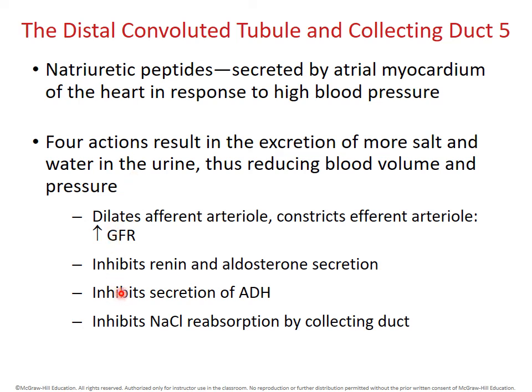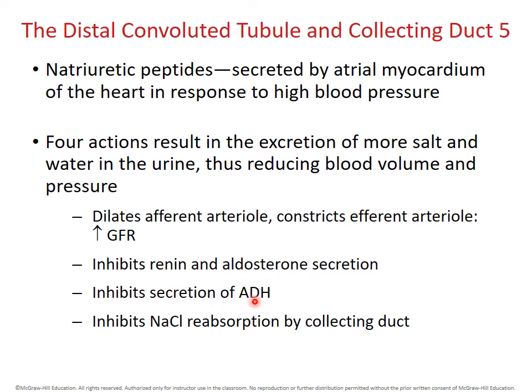Natriuretic peptides also inhibit the renin-angiotensin system, which then is going to inhibit aldosterone. So in a sense, it antagonizes aldosterone by causing less aldosterone secretion. Natriuretic peptide also inhibits secretion of antidiuretic hormone. So remember, antidiuretic hormone is going to cause more reabsorption of water.